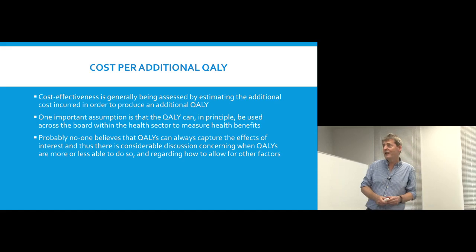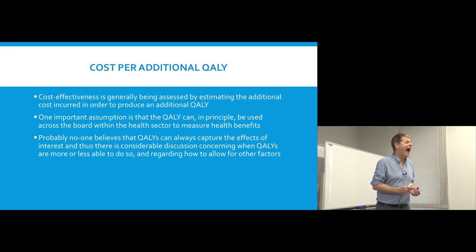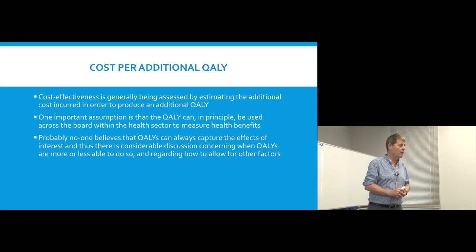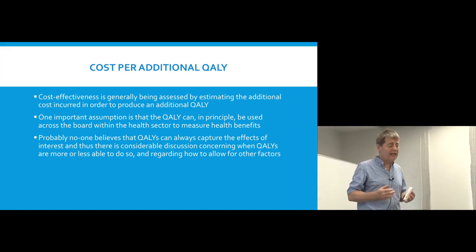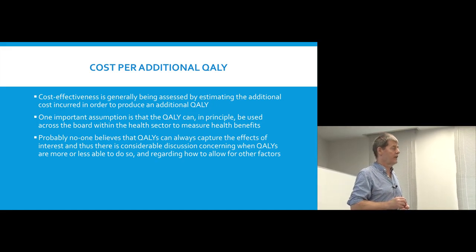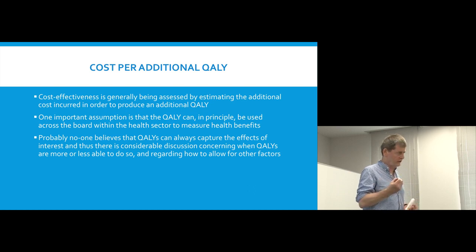But I think it's fair to say that even the most enthusiastic advocate of QALYs recognises the limitations of QALYs. In any decision-making context, it's highly unlikely an individual or a committee will want to just make their decision on the basis of cost per QALY.